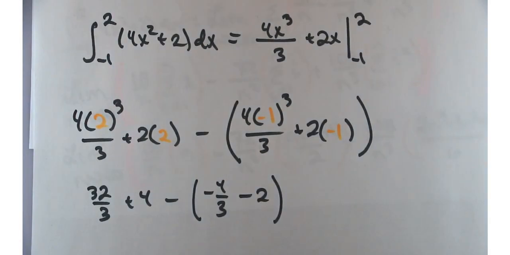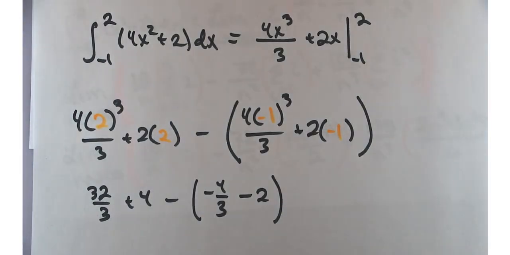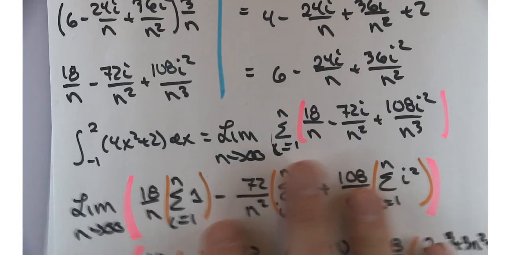Yes? Is this only for linear functions? No, this is true for anything we can find the antiderivative of. Yes, sir? So, isn't this just dealing with definite integrals? Well, this is a definite integral. The difference is that you don't have to do it this way anymore.